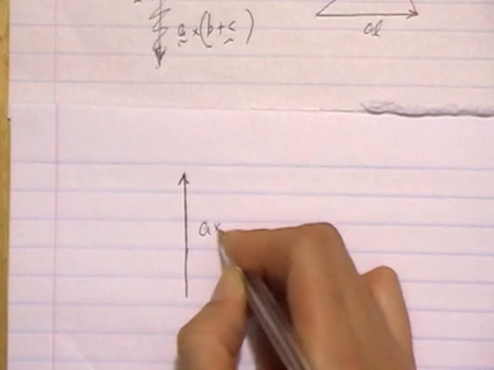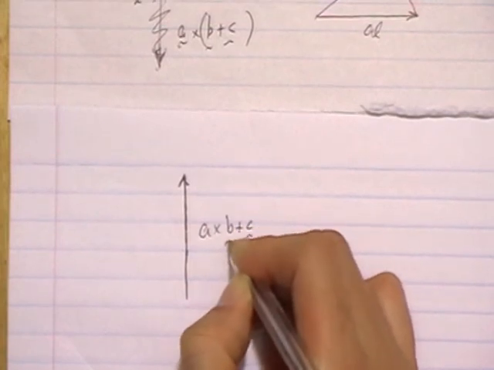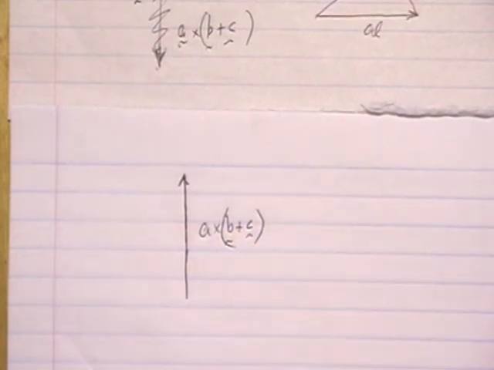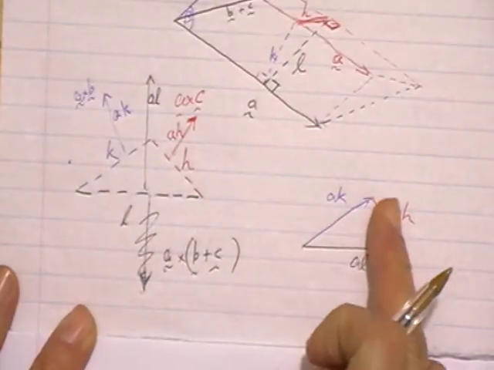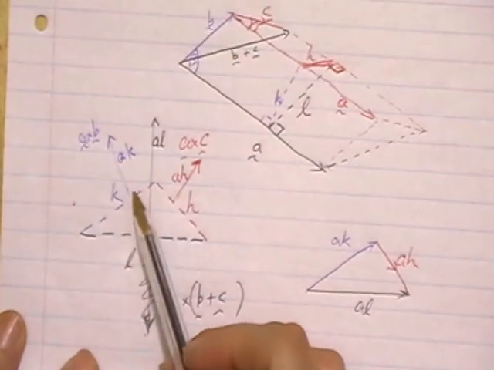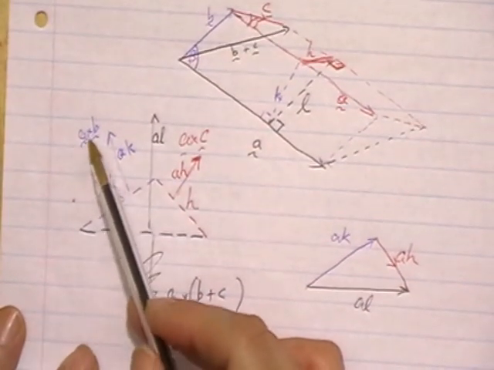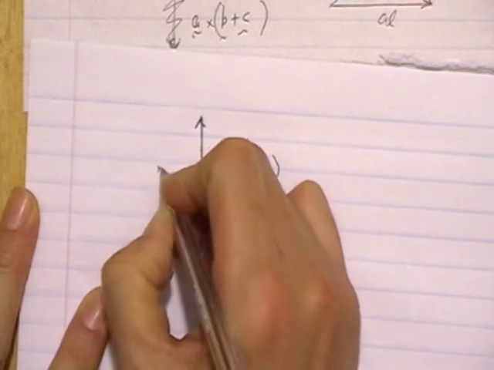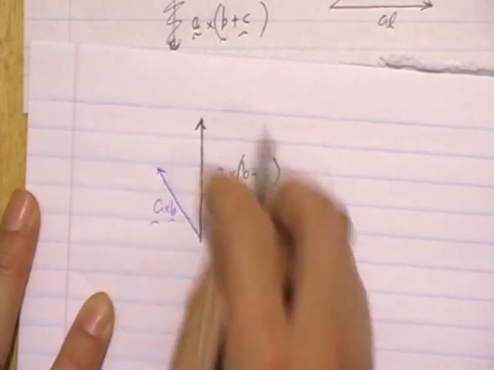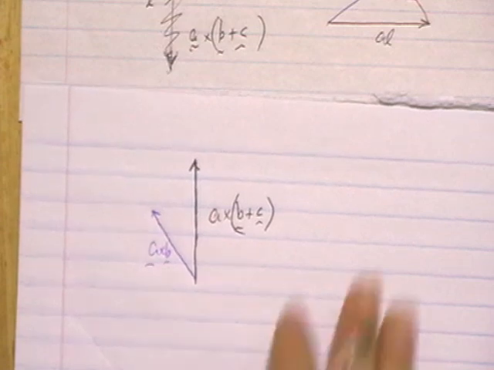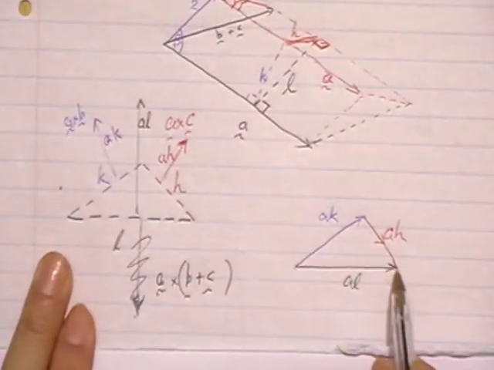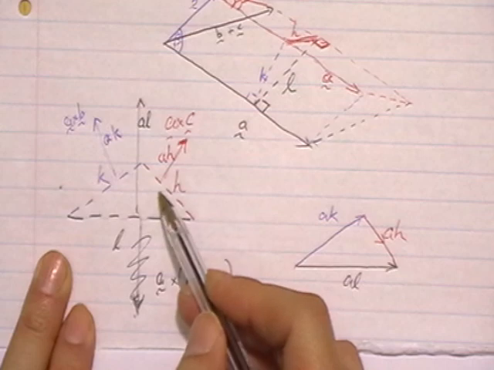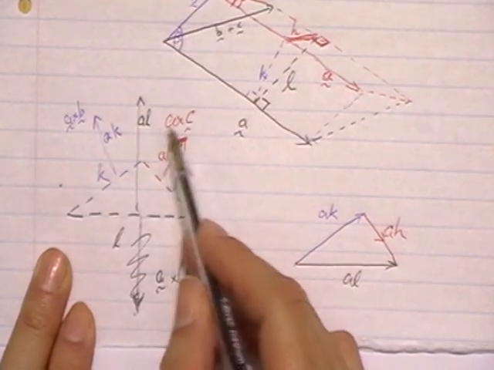That would be the A cross B plus C. For AK, if I rotate it back 90 degrees, that would be the A cross B. AH, if I rotate it back 90 degrees, it would be A cross C.